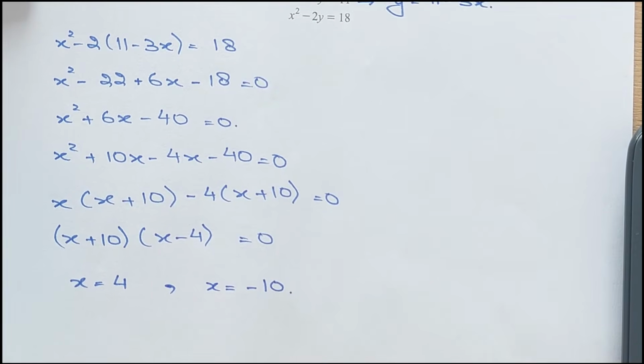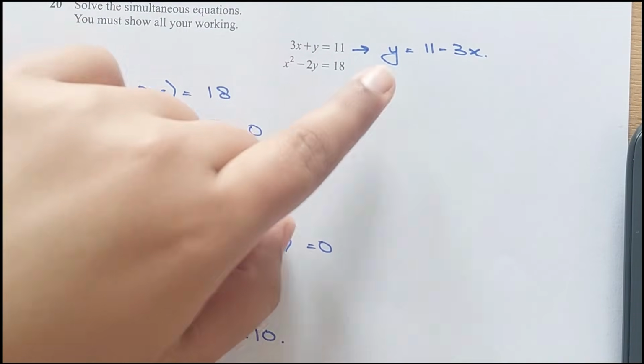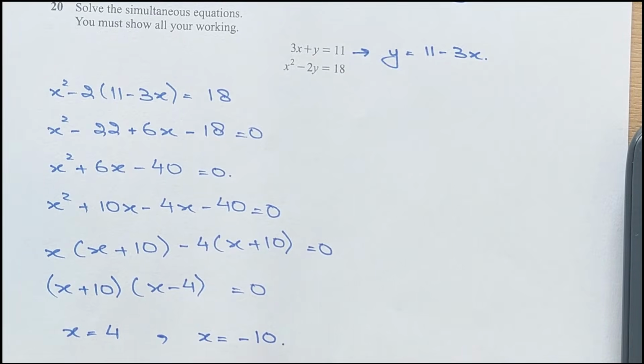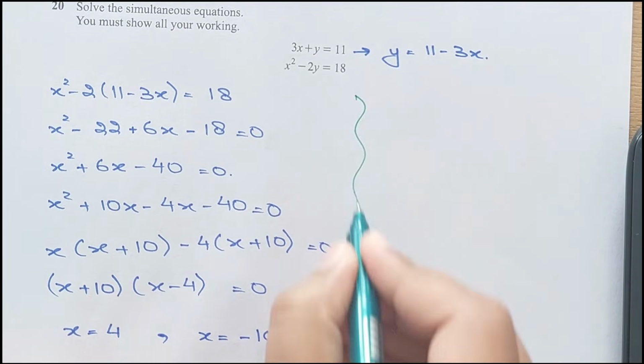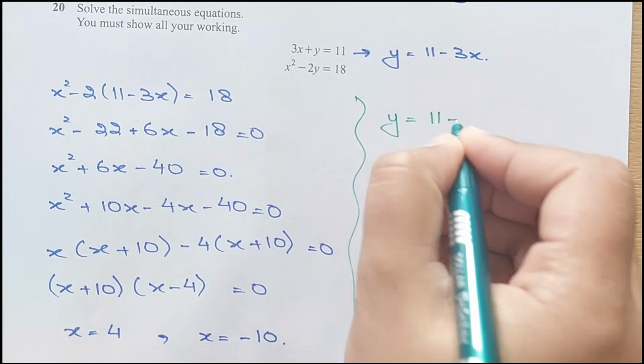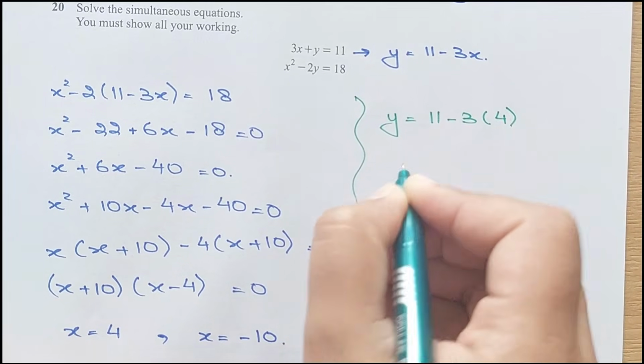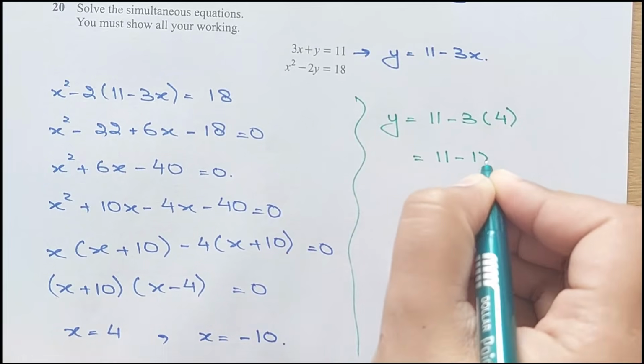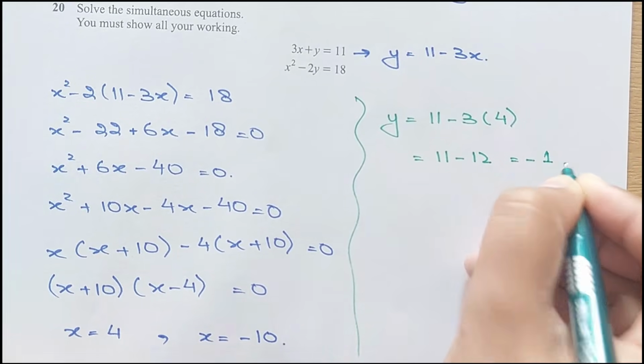So we have two values for x. We can substitute both values one by one into this y to get the values for y. So y equals 11 minus 3 times 4. So 11 minus 12 is minus 1.